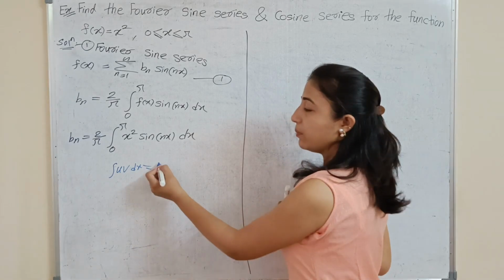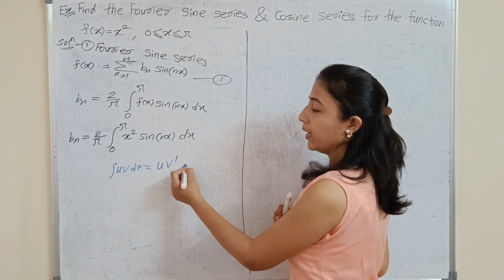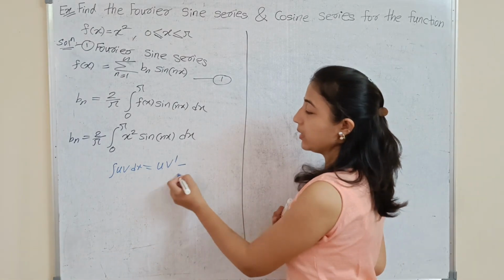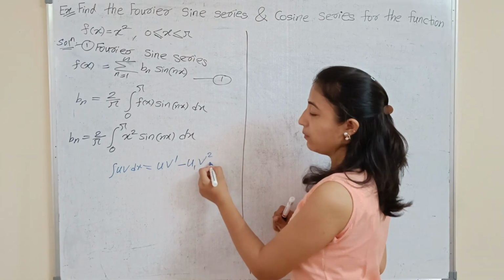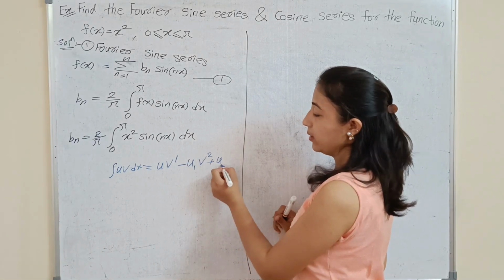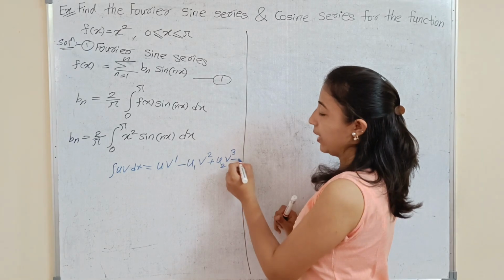Integration of uv: keep u as it is, integration of v, alternate plus minus, minus derivative of u, integration of v again, then again derivative of u1, integration of v2 and so on.